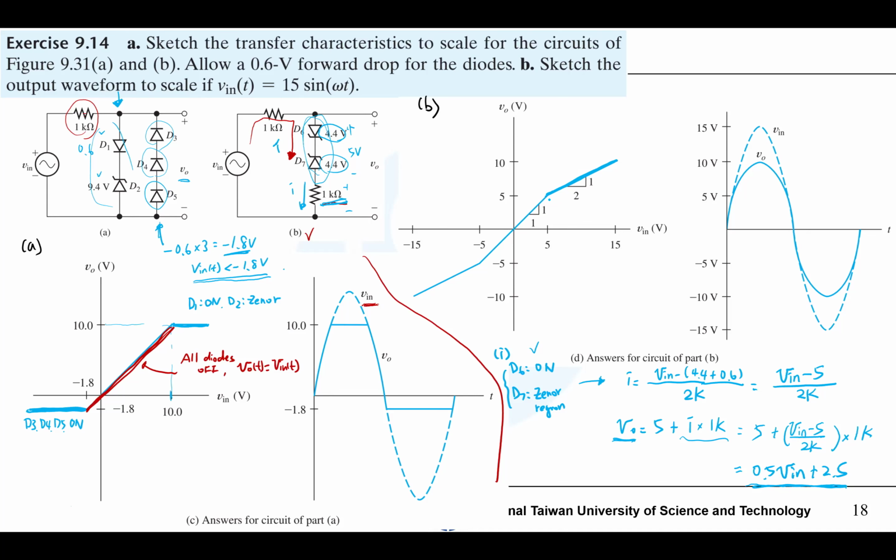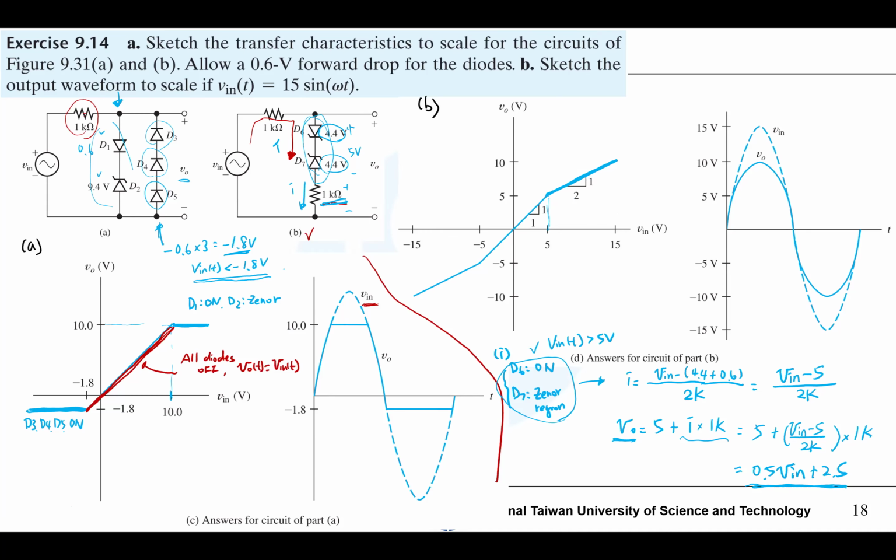Because when the amplitude of the input voltage is larger than 5, it falls into this region, or I can say V in(t) is larger than 5 volts.